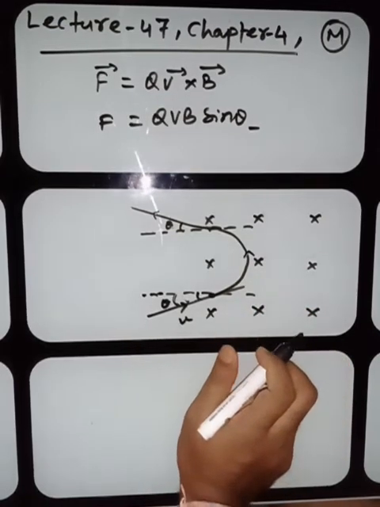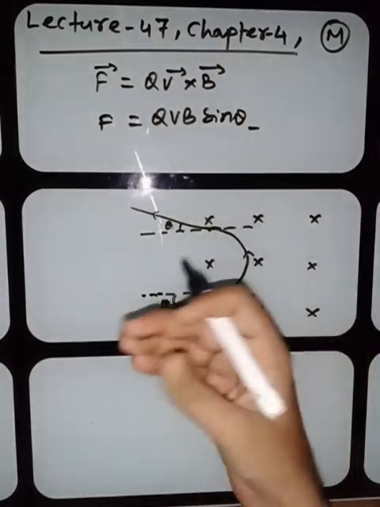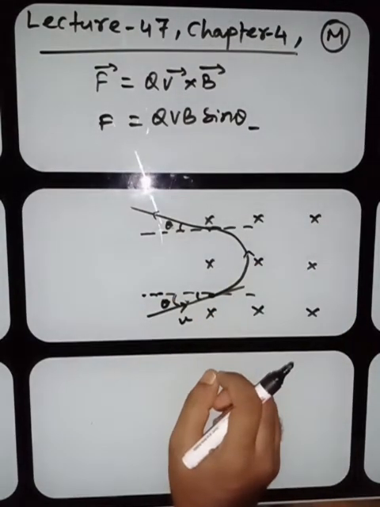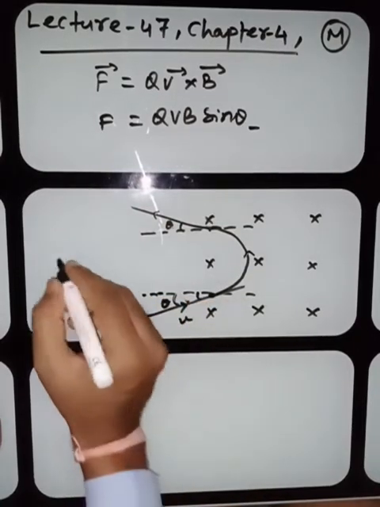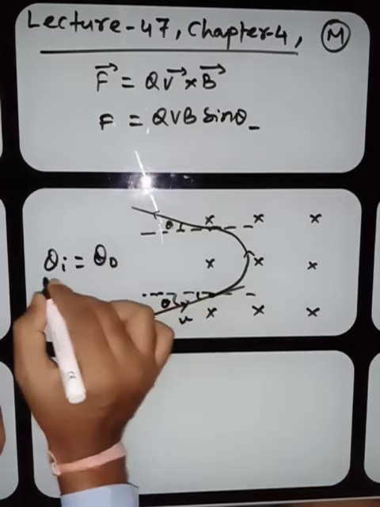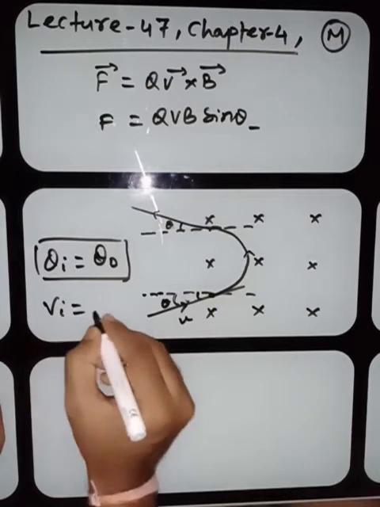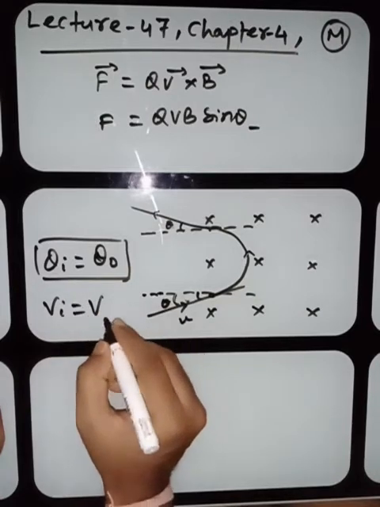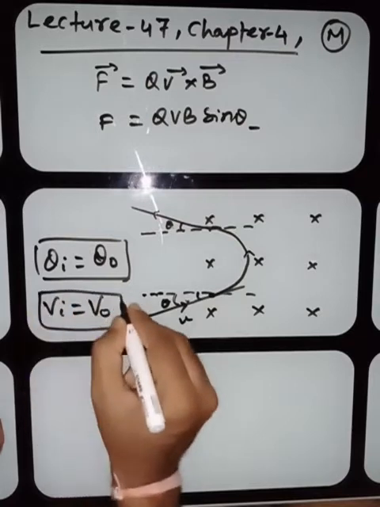Today we will discuss the motion of a charged particle inside a magnetic field if we project it with some velocity. But this is very important: theta in and theta out will be the same. The speed in and speed out must be equal.